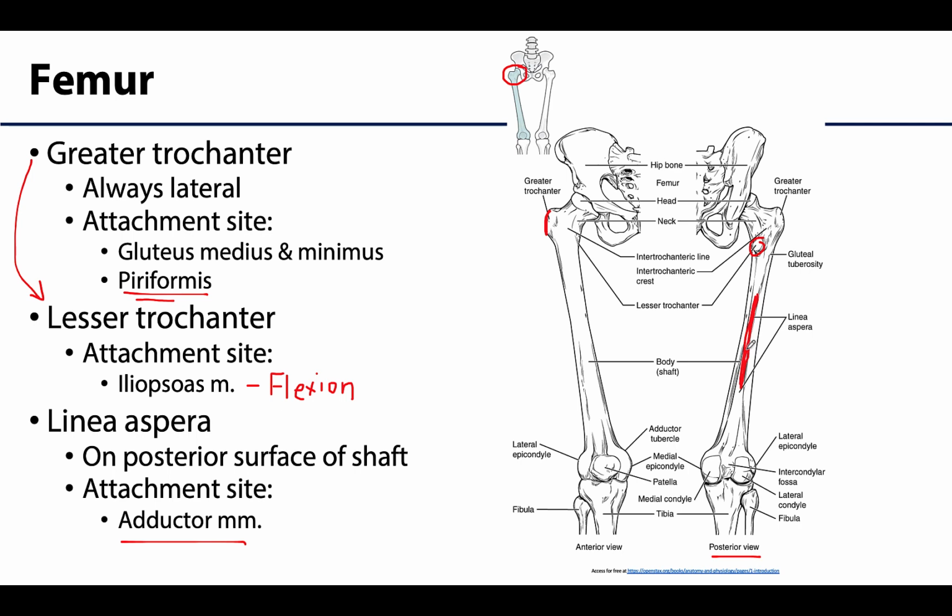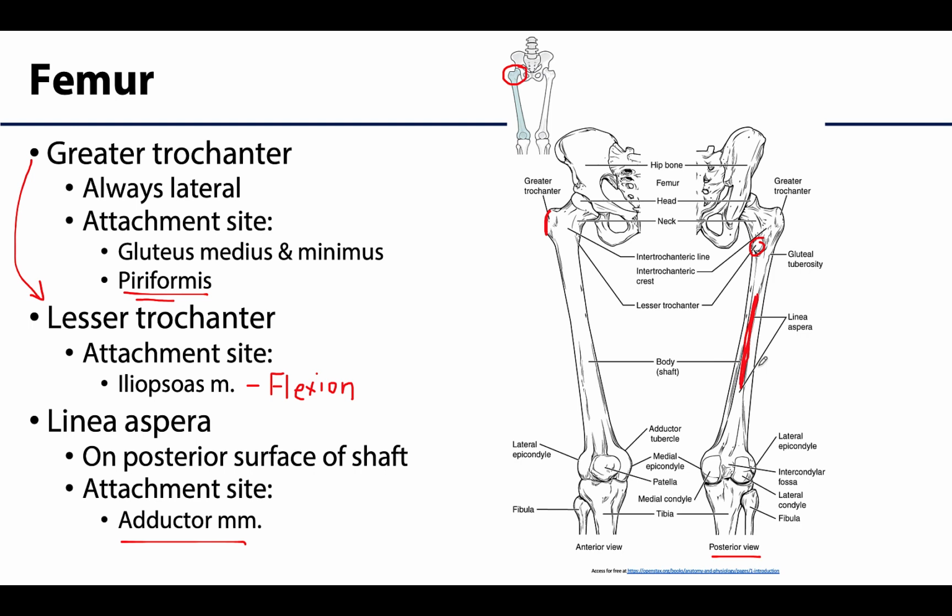So sometimes it's extremely obvious in certain individuals and others not so much. And so again, this is on the posterior surface of the shaft. The adductor muscles are these muscles that you can find on the medial portion of your thigh. And so they're going to attach kind of up associated with the hip girdle region, and then distally attach on the linea aspera.